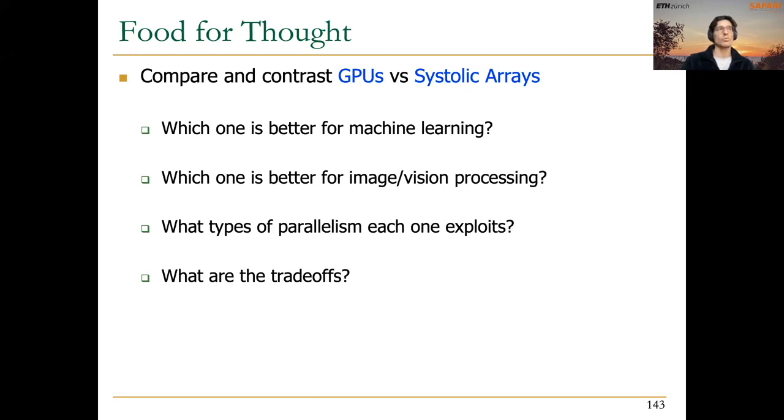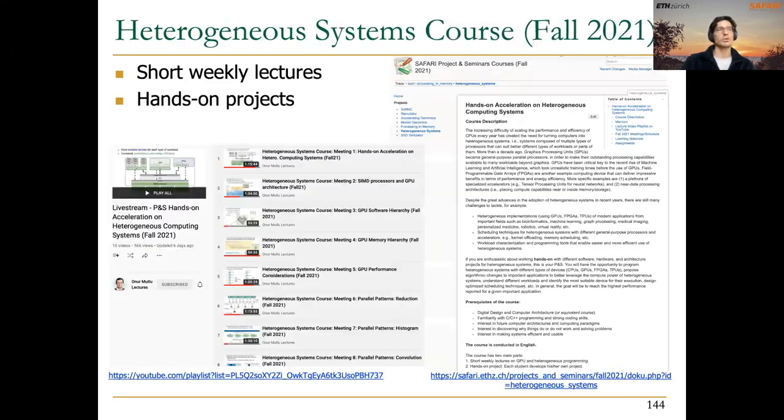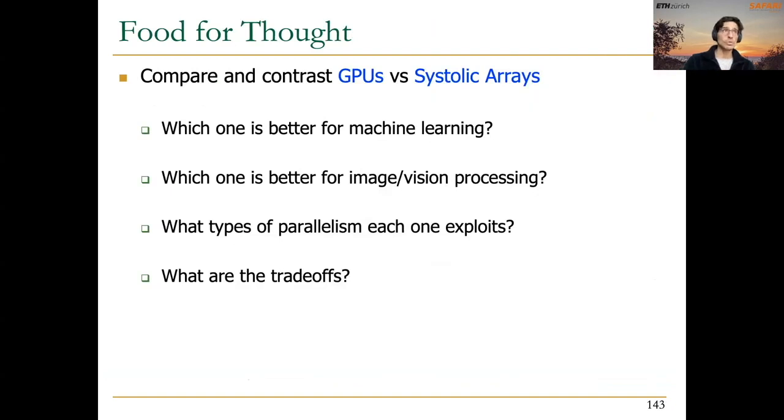I think that we have talked a little bit about that today. What are the trade-offs of each of them, and think as well whether it makes sense to combine these two concepts or paradigms into the same processors. I believe it makes sense, and I think that there are some modern architectures that are starting to do this, and maybe in a future edition of this course we will talk about them as well.